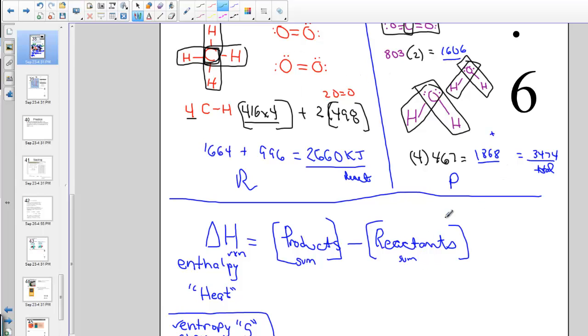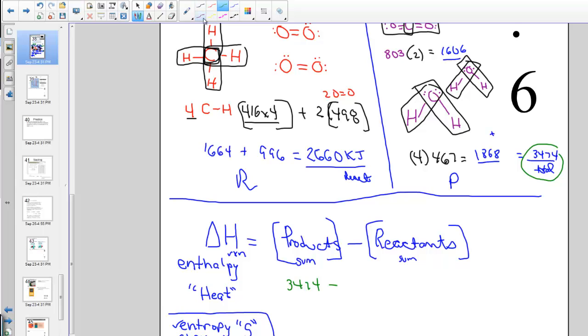So remember, products were over here. I'm going to visually make that green to remind us 3474 was the heat content of our products minus the heat content. Let's just change color.